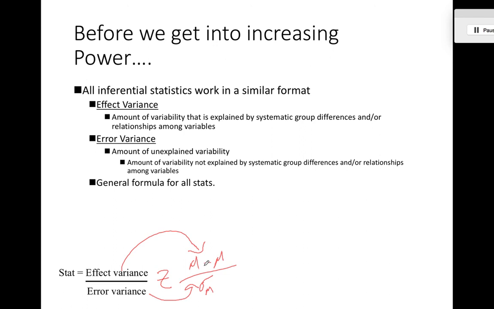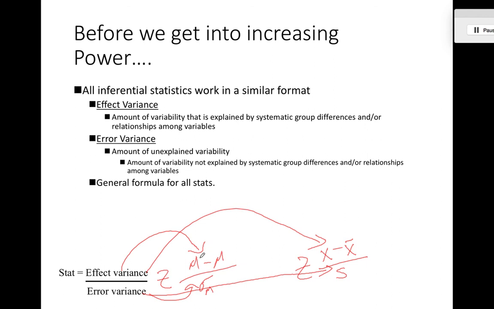Because remember, I told you standard deviation, variance, range, and even in this case standard error, which is a measure of variability, is going to be a measure of error variance. Remember, our formula for z was our score minus our mean divided by standard deviation. Again, effect variance, differences between my scores due to the researcher's manipulation or control, and error variance. There we go. So even this formula for z is the same general format.